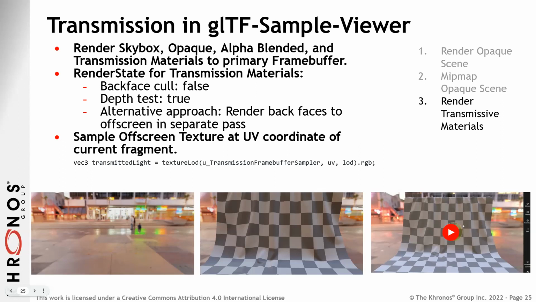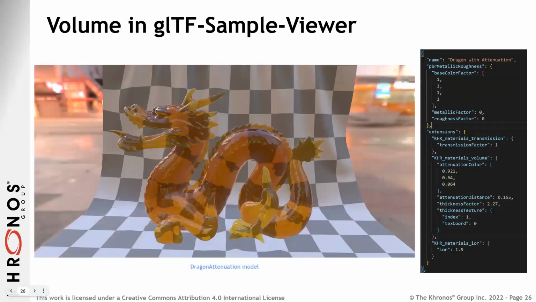And I think now, if we go to the next slide, let's take this one step further and talk about what we have to do to build on top of what we just did to extend this to the macroscopic refraction case. So we'll do that by exploring this dragon attenuation sample model that's hosted up in our glTF sample models repository on GitHub.